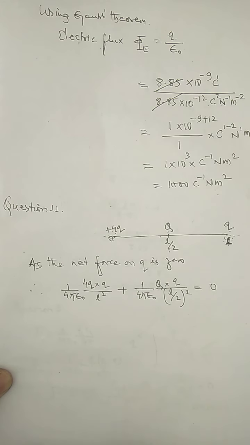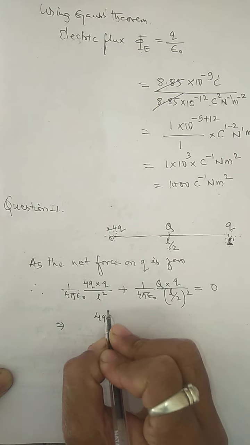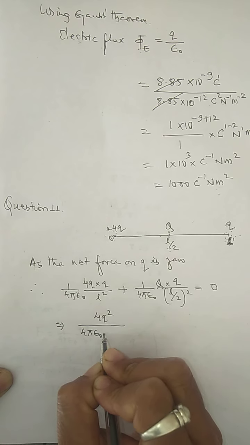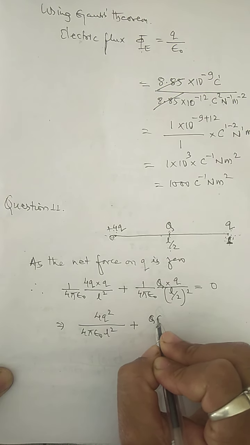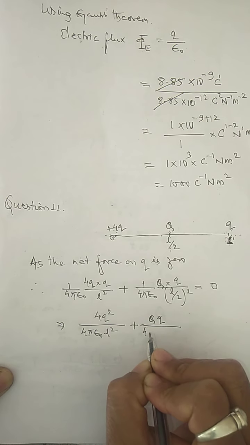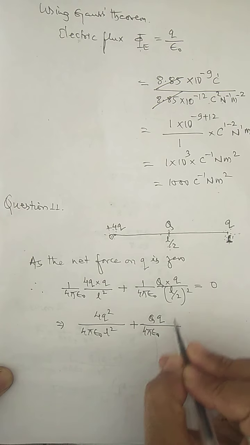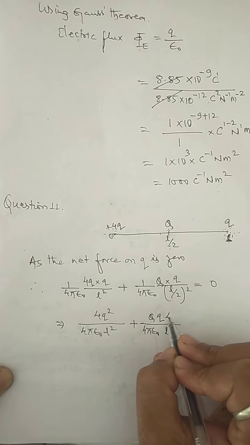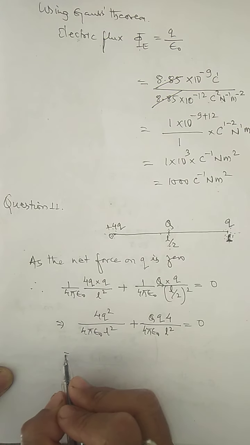Now we can easily solve this part. Let me do the calculation. This is 4q square by 4 pi epsilon naught L square plus capital Q small q by 4 pi epsilon naught. Now this square will open up, so in the denominator it will be L square by 4, and this 4 will go in the numerator, equals 0.